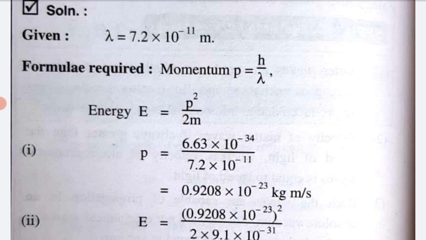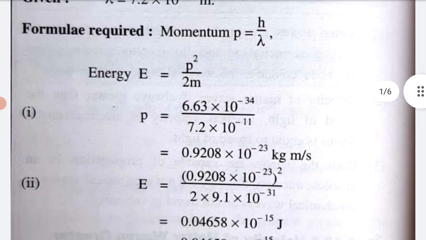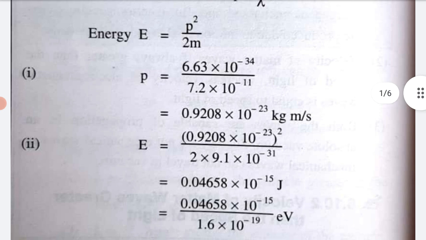Next we have to find energy. We know the value of p, then (0.9208 into 10 raised to minus 23) bracket square upon 2 into m, where m is the mass of the electron, 9.1 into 10 raised to minus 31. Then energy is equal to 0.04658 into 10 raised to minus 15 joule.